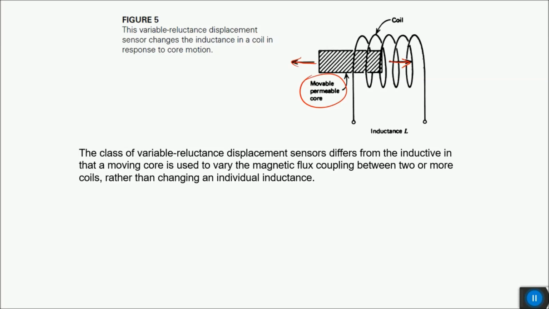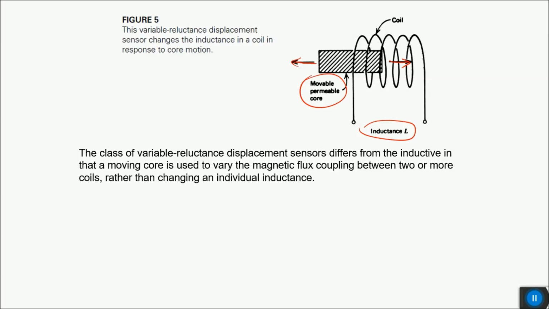When this core is partially inside this inductor or fully inside this inductor, the inductance L of this coil will change, and that change in inductance can be translated into how much that core was inside this coil.